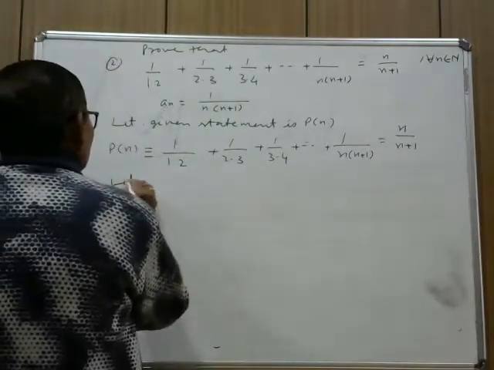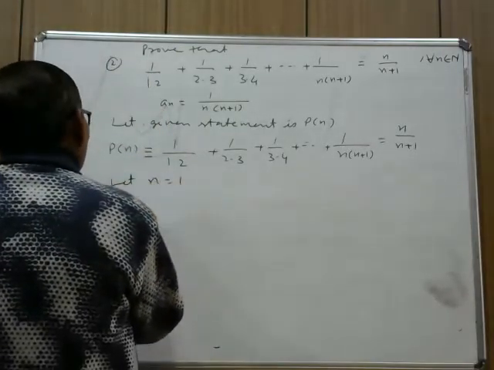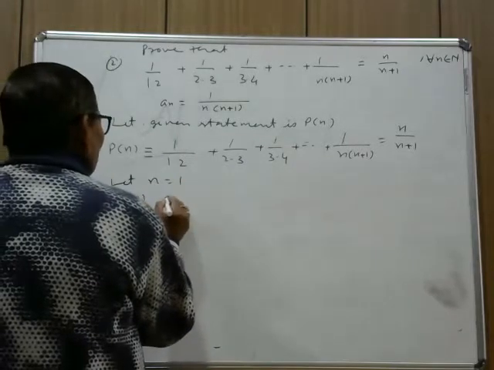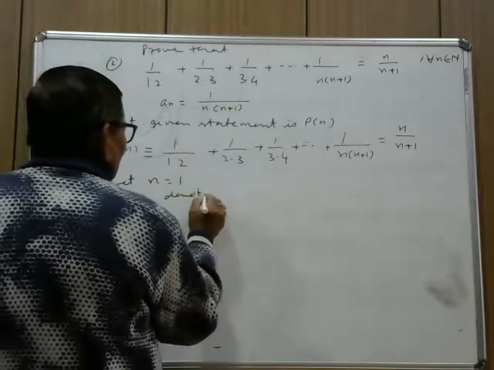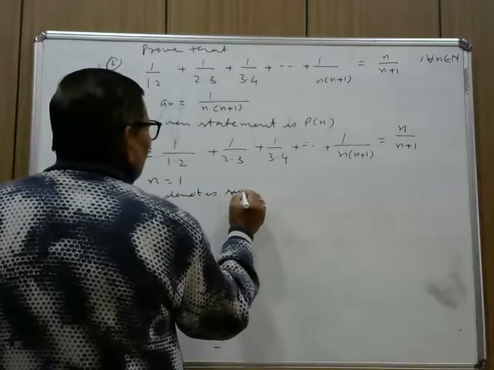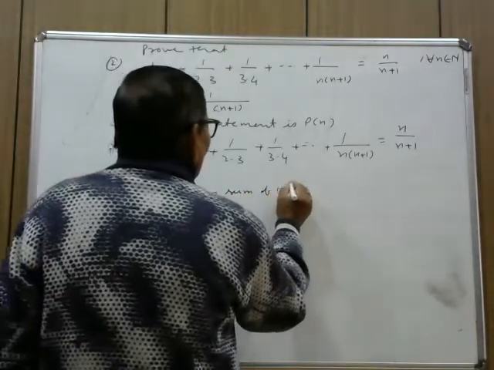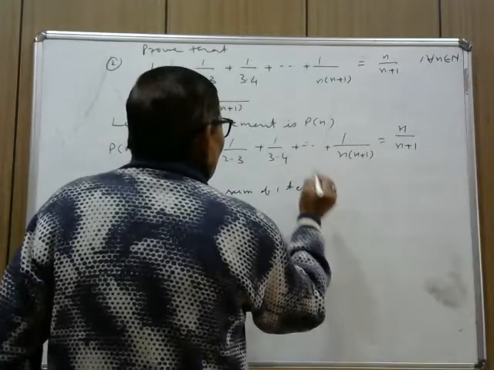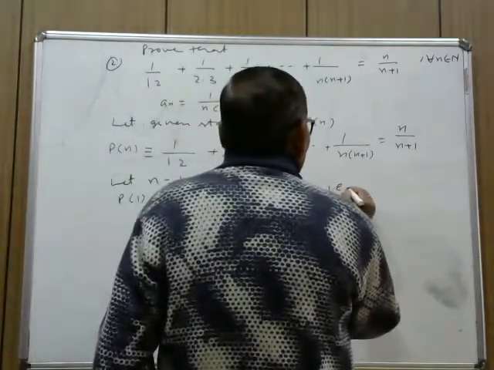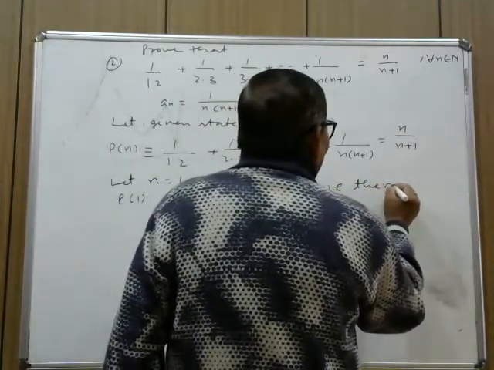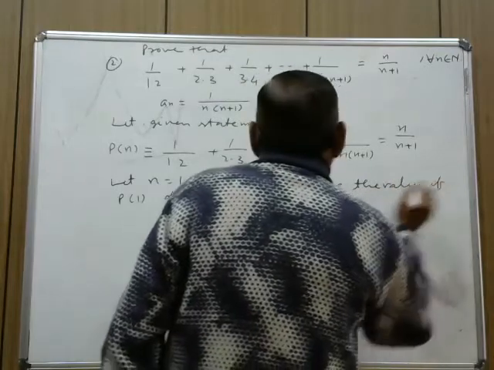Let n equals to 1. P1 denotes the sum of one term. Sum of one term means that is the value of the first term.